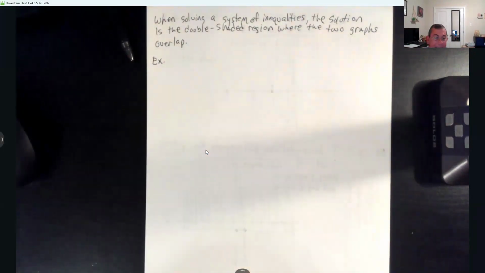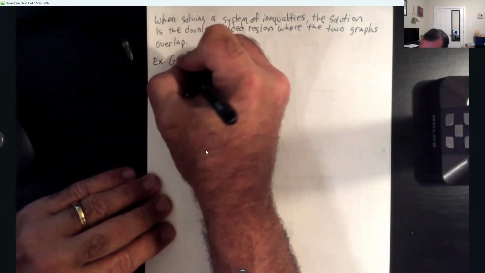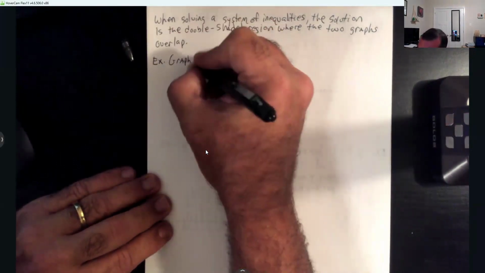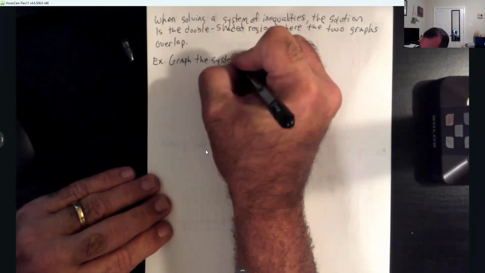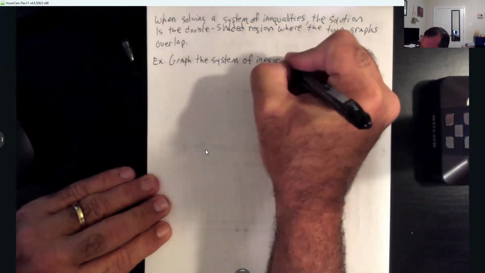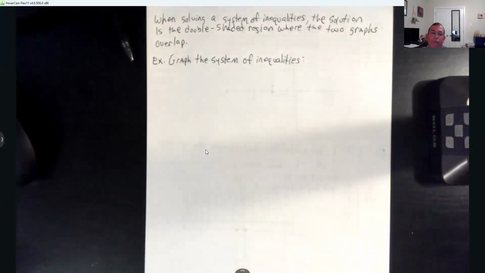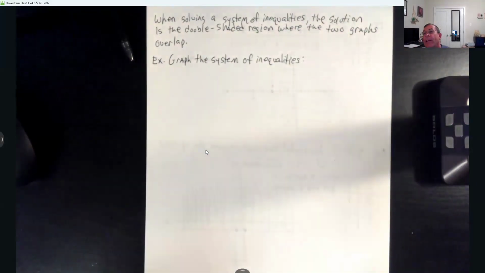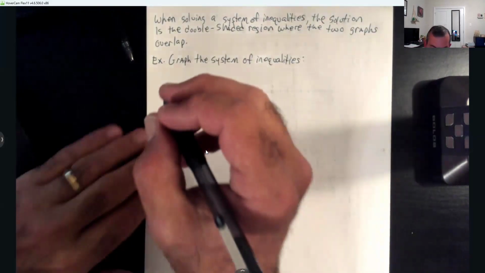So y'all, this is the last problem in 3.7 doing this. They want us to graph the system of inequalities. Those first 3 or 4 problems were just getting us ready to graph lines so that we could do this one problem.